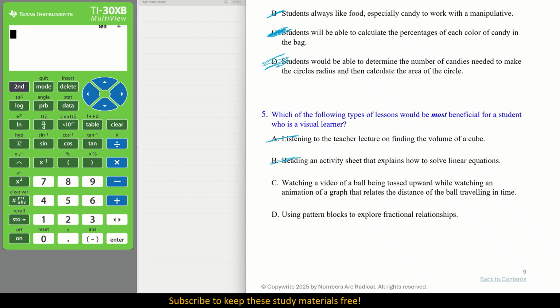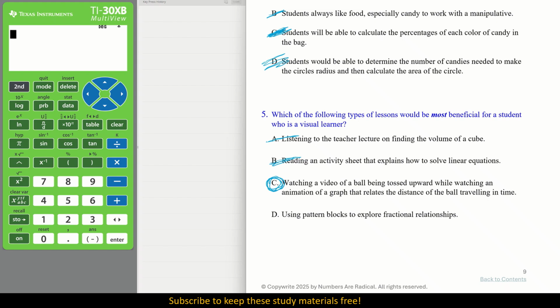That doesn't make sense. Let's see C. It says watching a video of a ball being tossed upward while watching an animation of a graph that relates to the distance of the ball traveling in time. Okay, yeah, sure. They're watching something that relates to their topic. I'll buy that. Let's look at D.